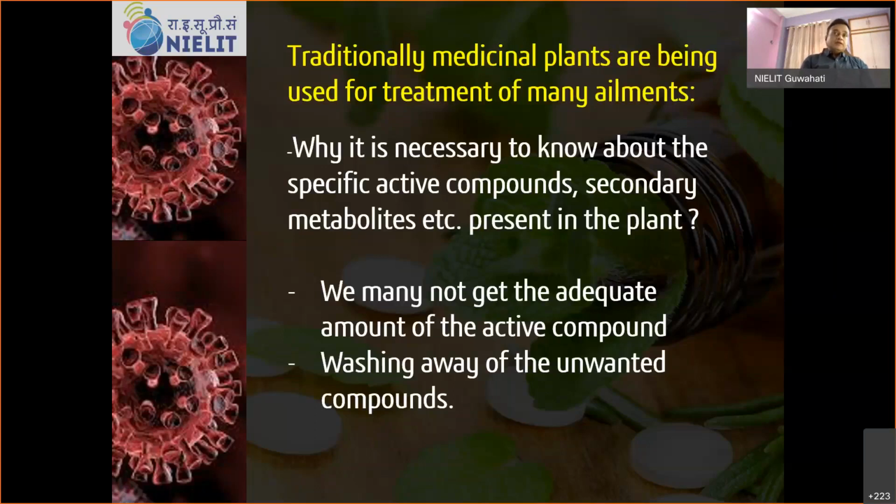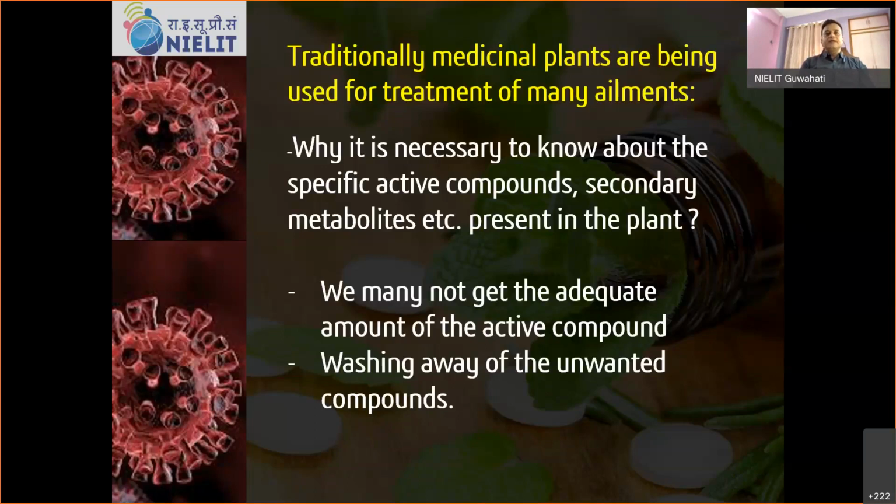But for those traditionally used medicinal plants, if we do some organized scientific analysis, we will definitely be able to identify some of the specific active compounds available in the plant as a secondary metabolite or some phytochemical.